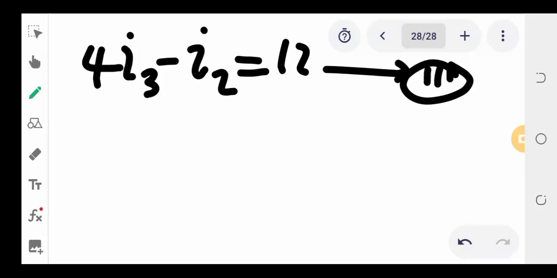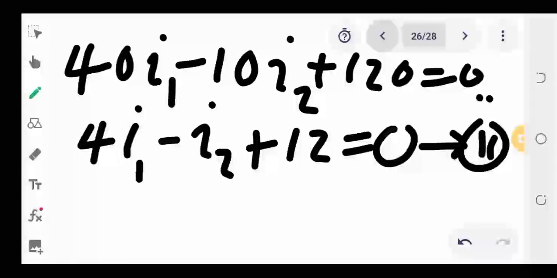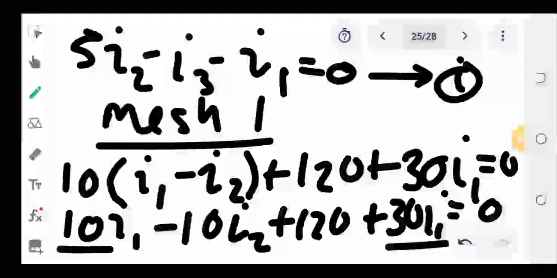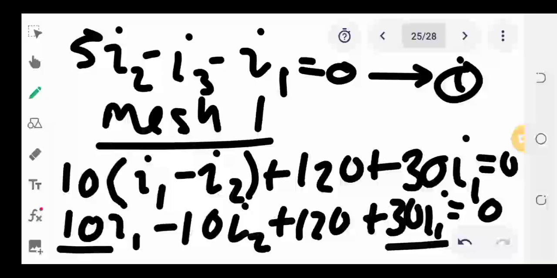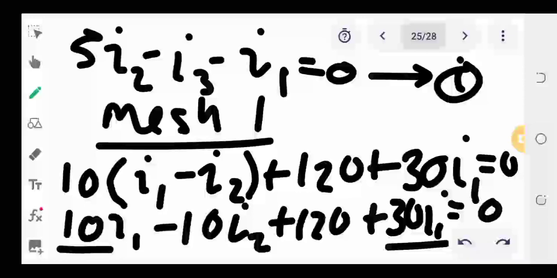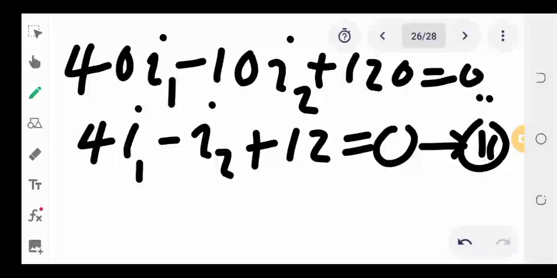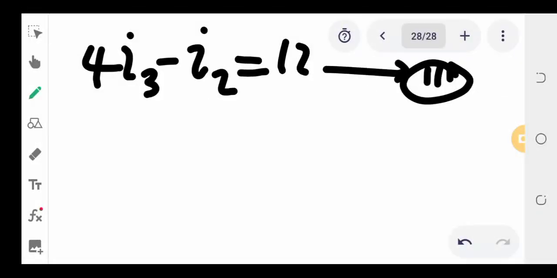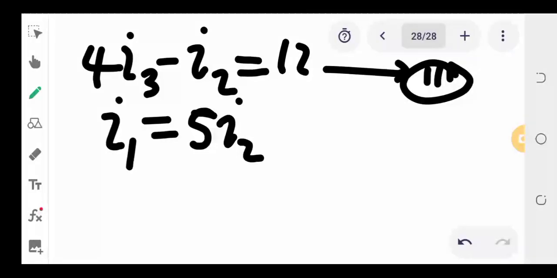From equation 1, 5 I2 minus I3 minus I1 is equal to 0. Let us make I1 the subject of the formula: I1 is equal to 5 I2 minus I3.